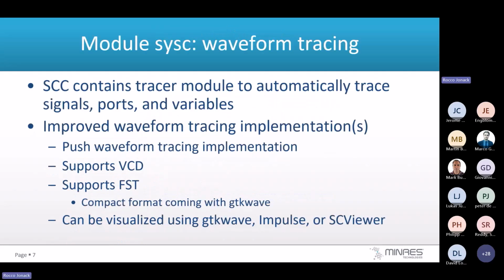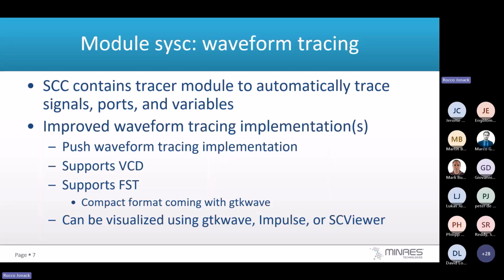So what did we do at MinRes? We have a productivity library called SCC, and it has a number of features. It's basically a library on top of SystemC. What we found, first of all, is that there are a number of possibilities to improve the signal type tracing.